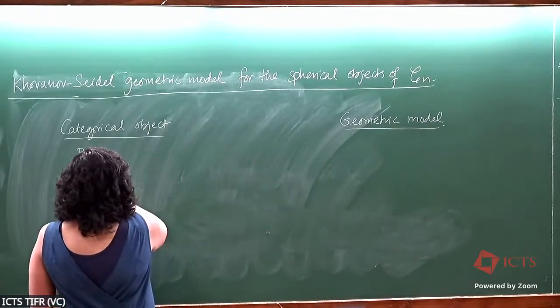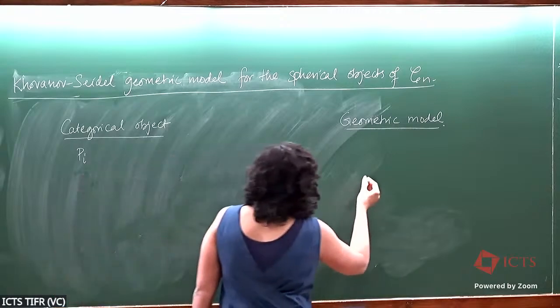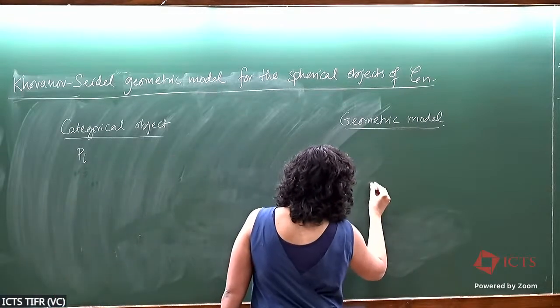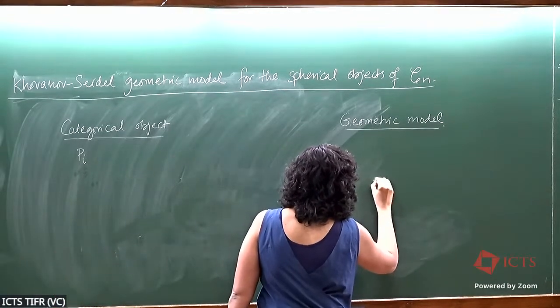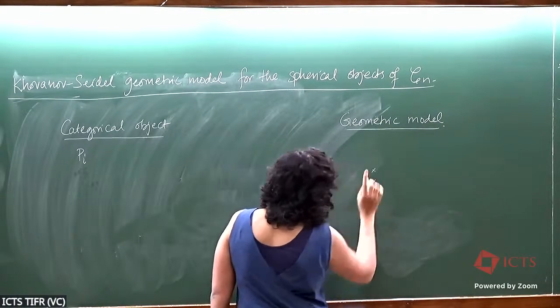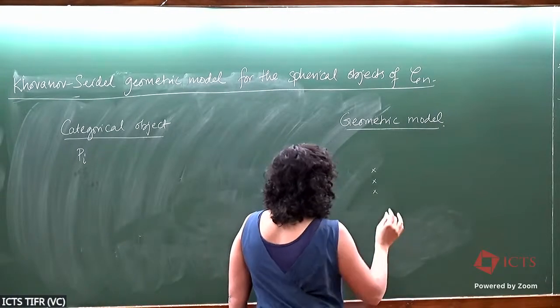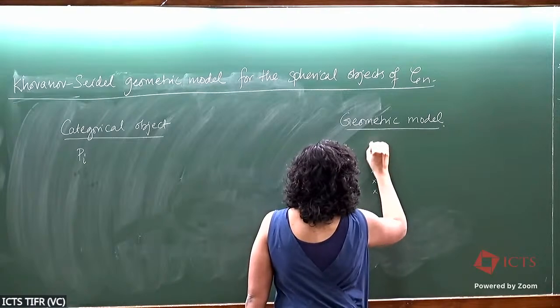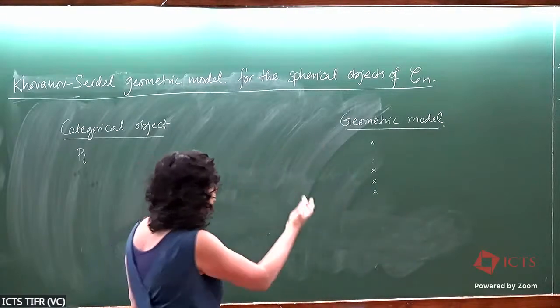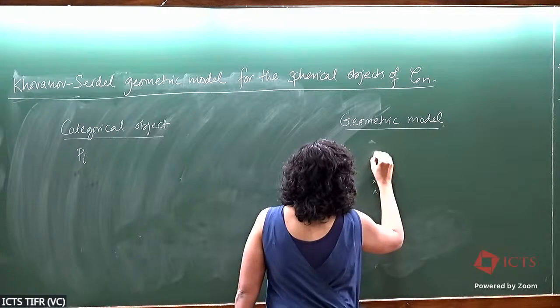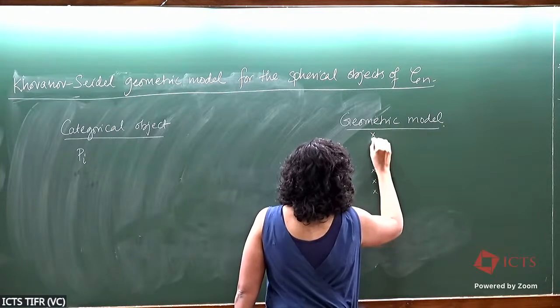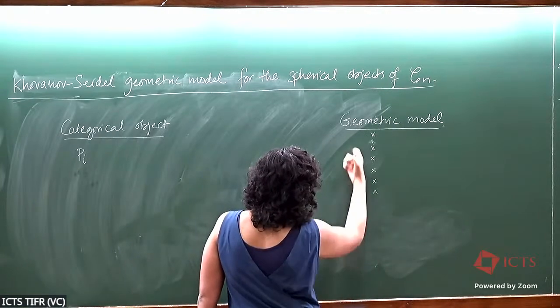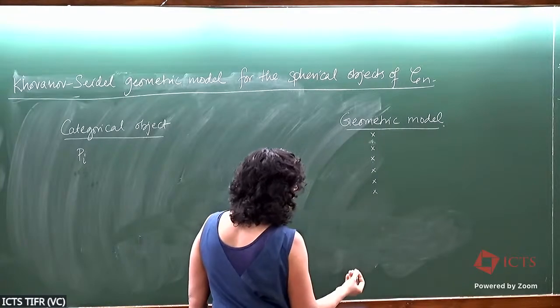So to get a geometric model of P^1, what you do is you look at a configuration of points. And I'm going to draw them vertically for aesthetic reasons, because it'll be better when I talk about stability conditions to draw them this way. So I want to now look at a configuration of n+1 points.